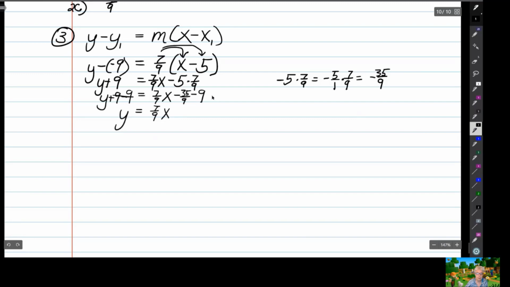I am going to take negative 35 divided by 9 minus 9. And I'm going to push the math button. You see the math button right there, math.